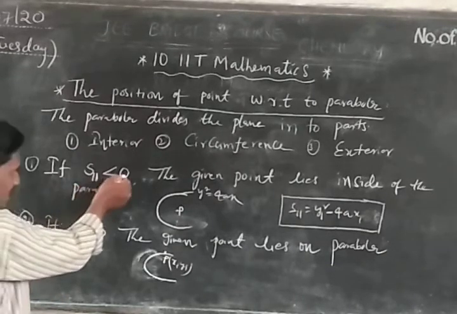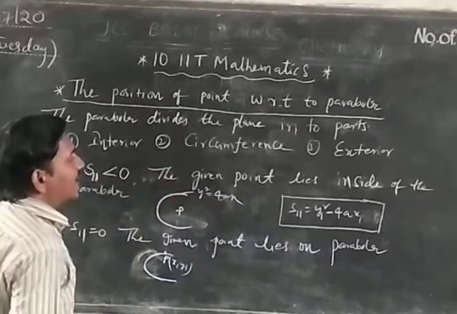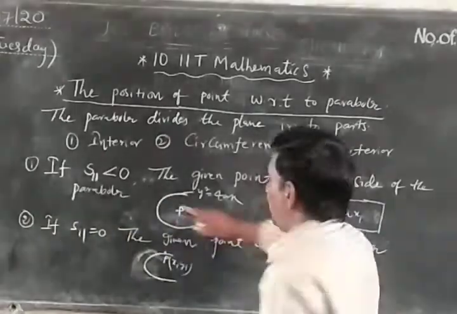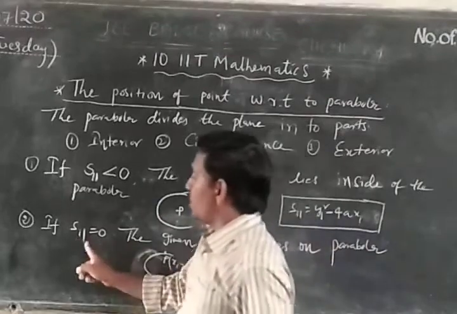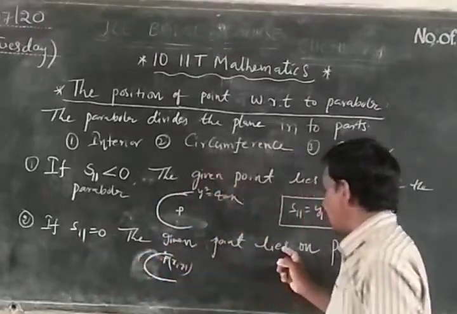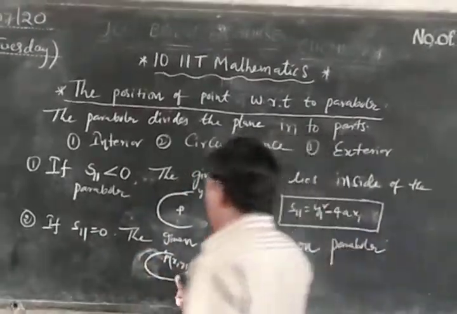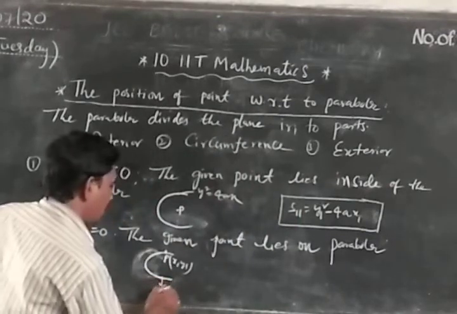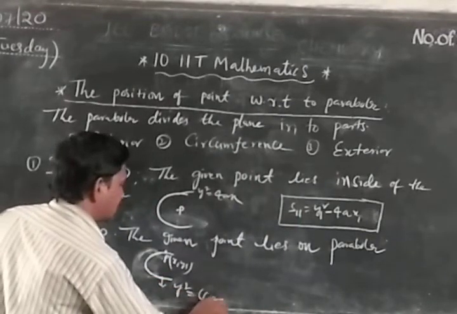If S11 is less than 0, the given point lies inside of the parabola. If S11 equal to 0, the given point lies on the parabola, like that. This is y square equal to 4ax.